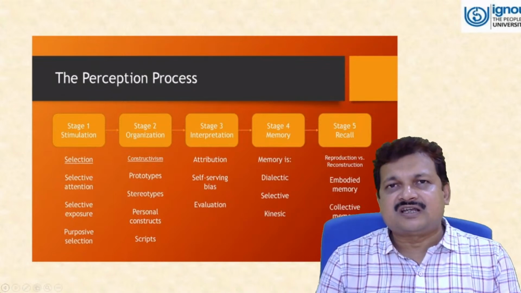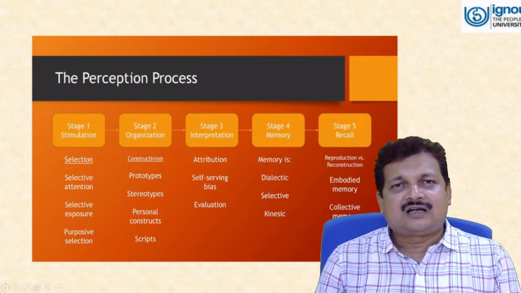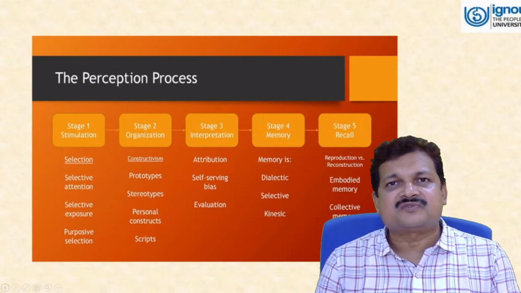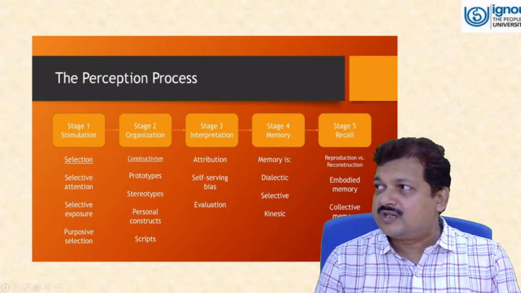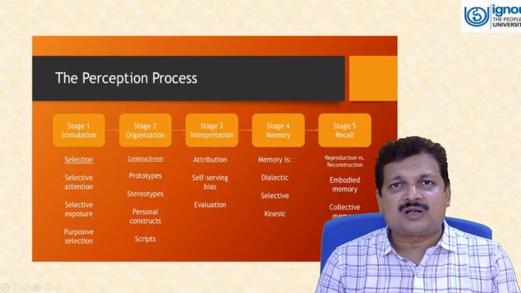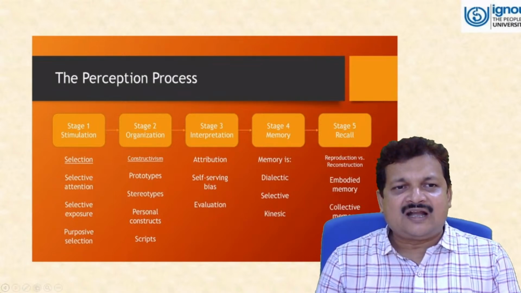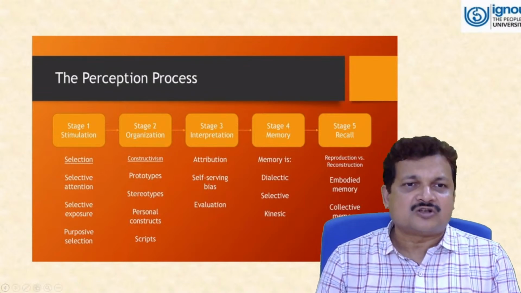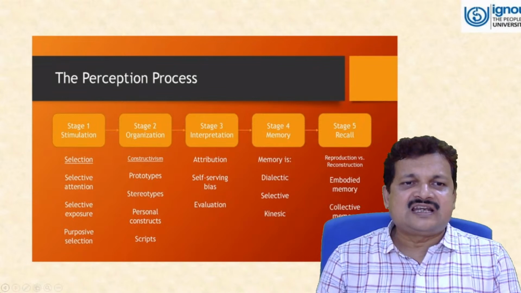Selective attention, as I already discussed, means that every human has likings and dislikings towards different products or services. When we find a particular product that is good or bad, selective attention is based on that. In that case, he is going to select whether he wants to see it or doesn't want to see it. Second is selective exposure.